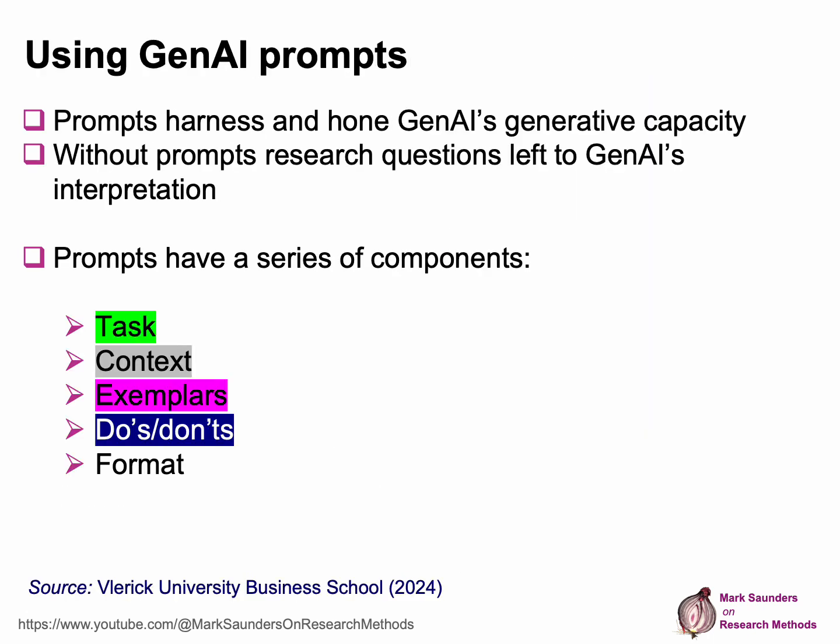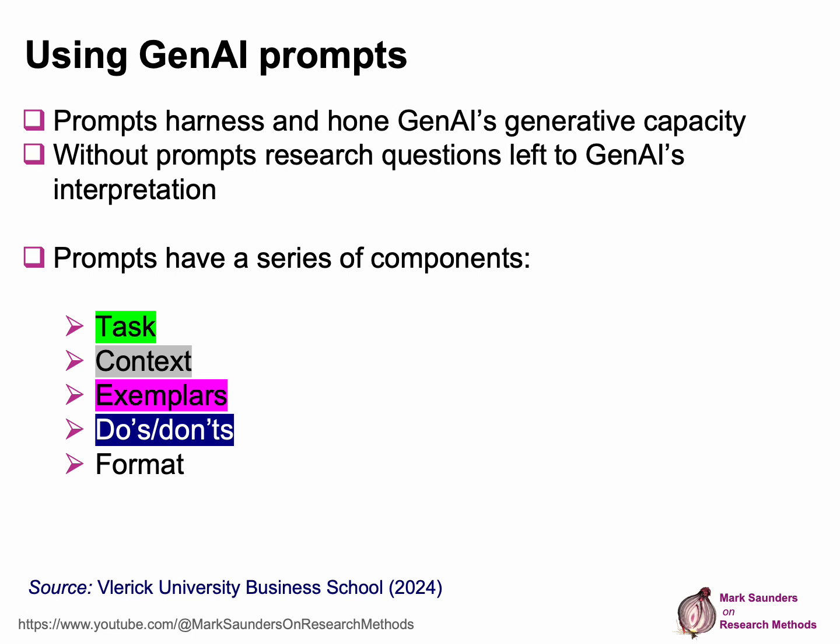If we look at GenAI prompts, the way we actually write them improves its generative capacity. Without having clear prompts for our research questions, what GenAI does is it does its own thing and interprets what it thinks we want. So we need to be as specific as possible. Now the prompts have a series of components. The first is the task, what you want GenAI to do.